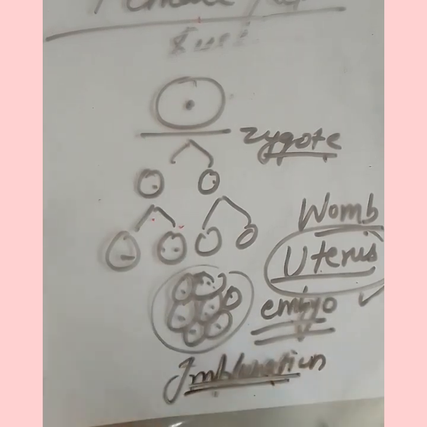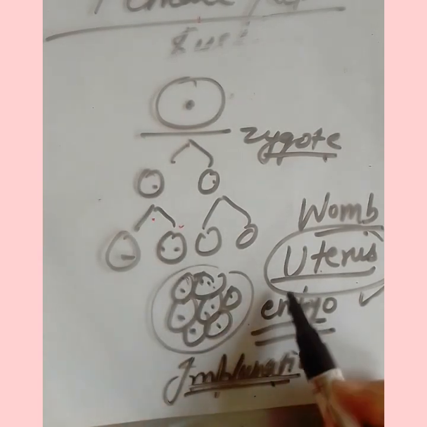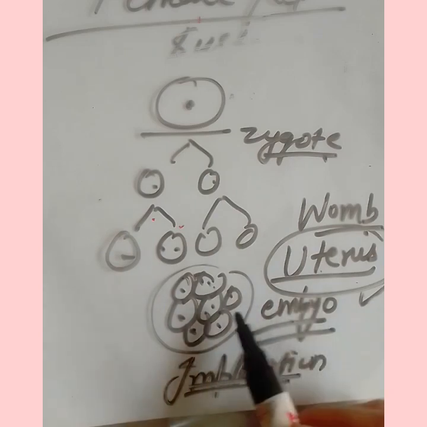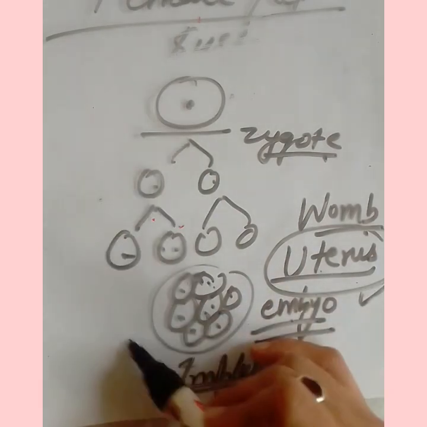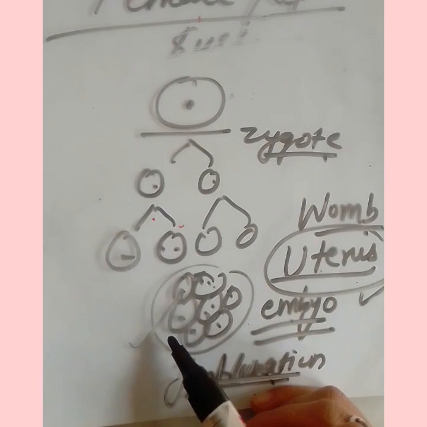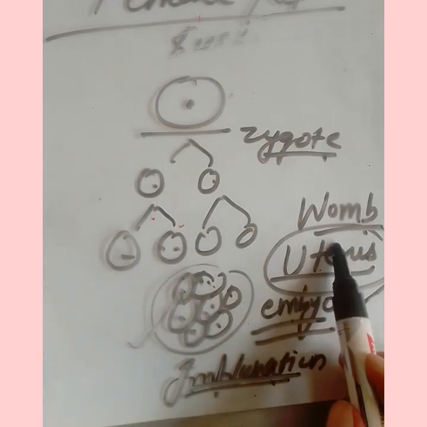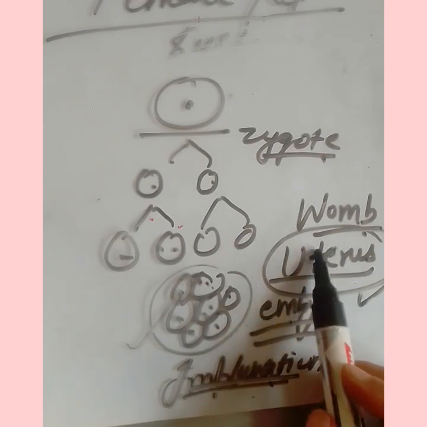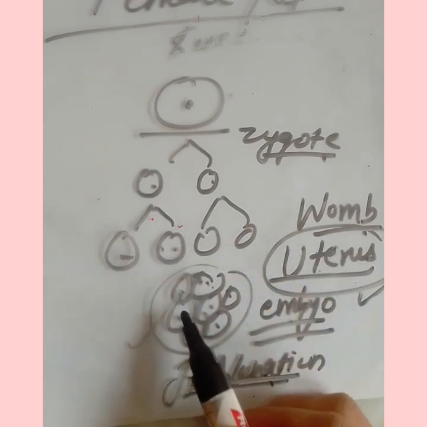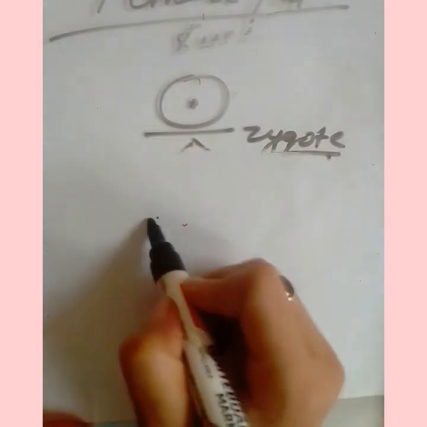In the book it is clearly written that the embryo will plant itself in the lining of the uterus and continuously divide there, so further development will occur in the uterus. When all the body parts are formed and can be easily identified, we call the embryo a fetus, the next stage.